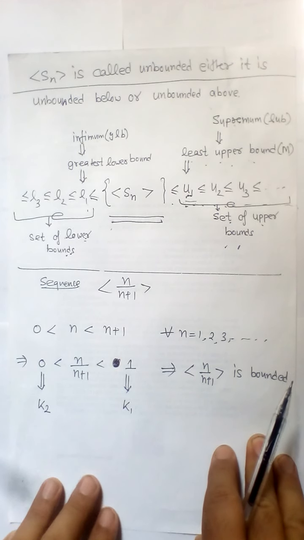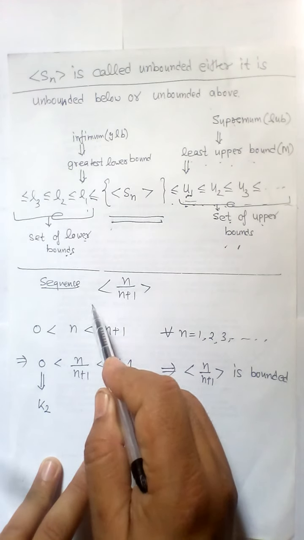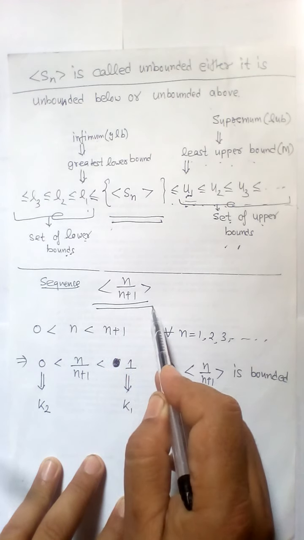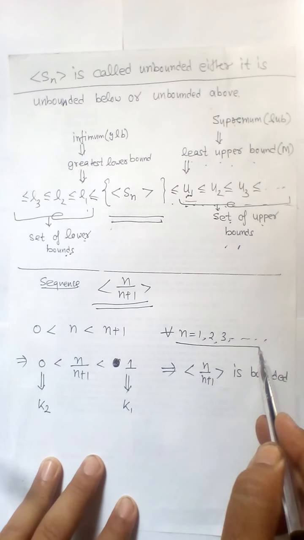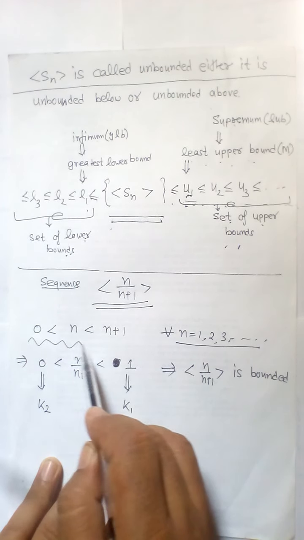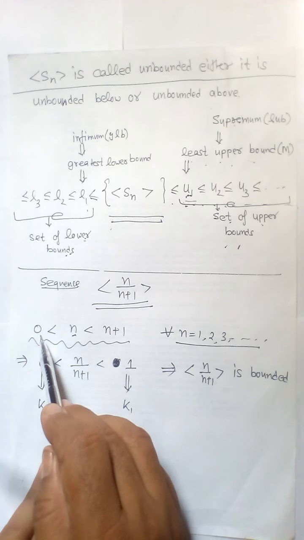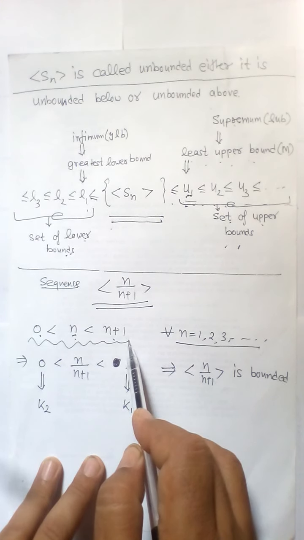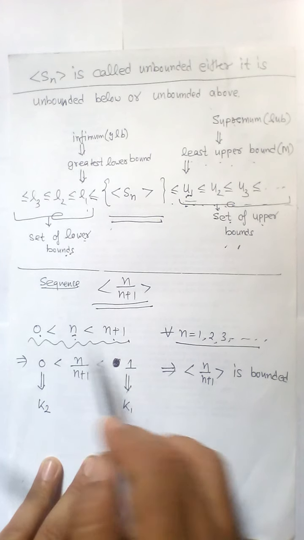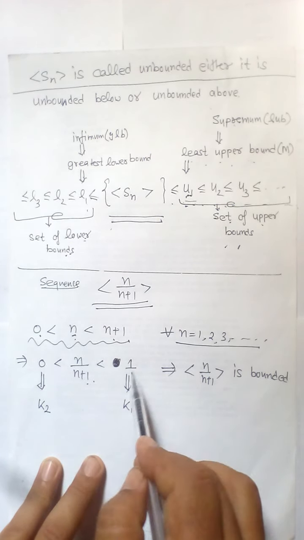Let us take one example. Consider this sequence. Now see, if n is a natural number, then we will always have this case, because n is a natural number, so it will always be greater than 0, and it will always be less than n plus 1. If I divide this inequality by n plus 1, I will get this.